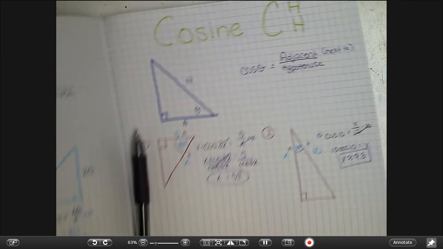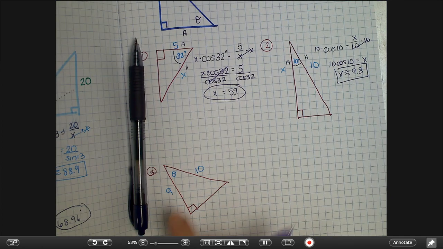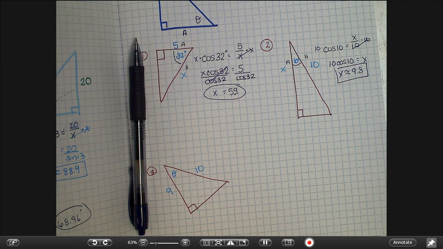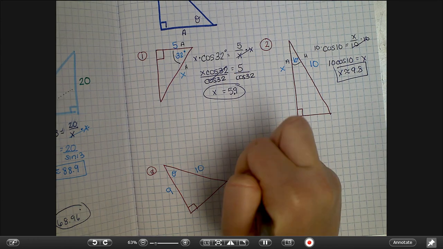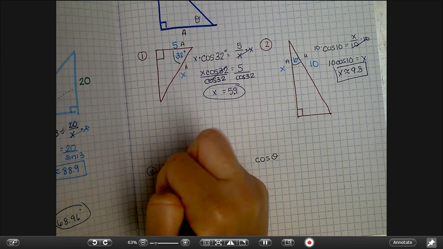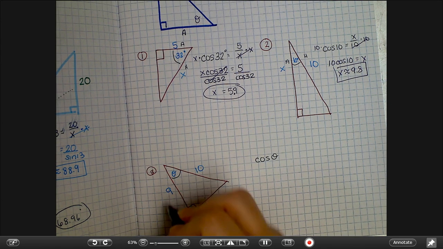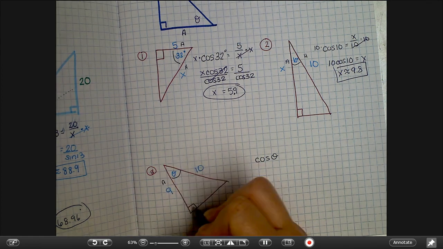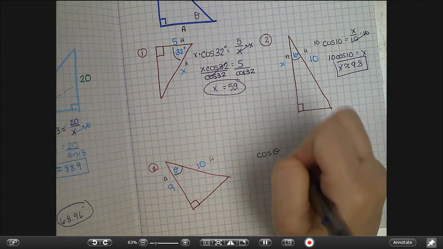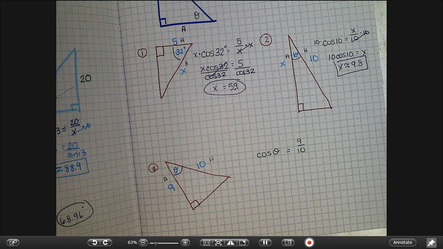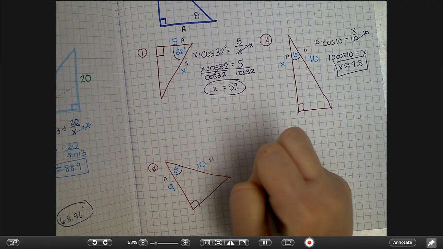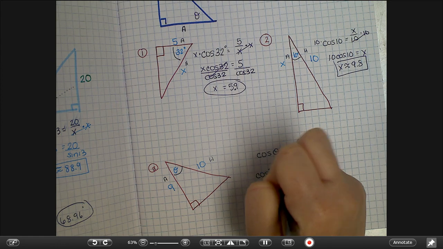All right, and the last example is when we need to find the angle. And hopefully as soon as I said that, you were like, oh, I bet we need to use the inverse, which is true. So we're going to do cosine of the angle, and we need the adjacent side and the hypotenuse. So cosine of the angle equals 9 over 10. We're going to do the inverse so that we can actually find the measure of the angle.